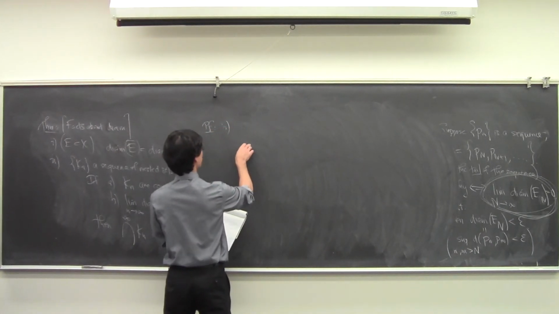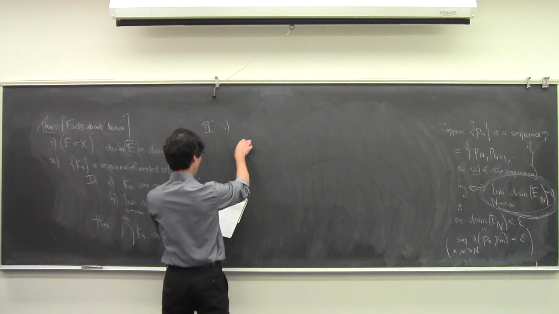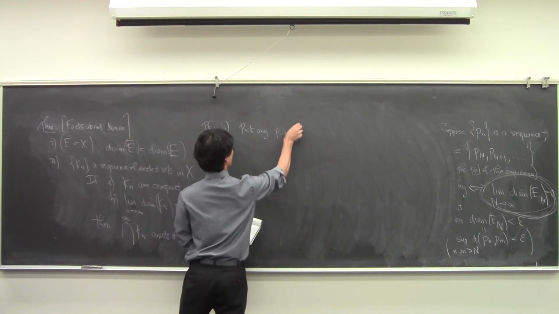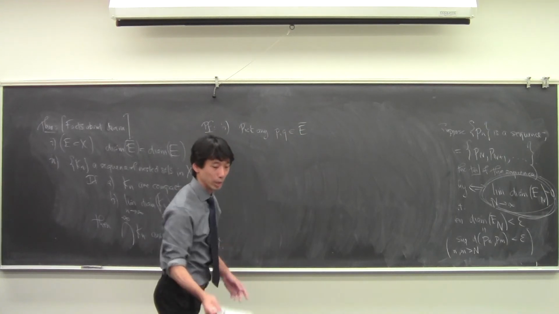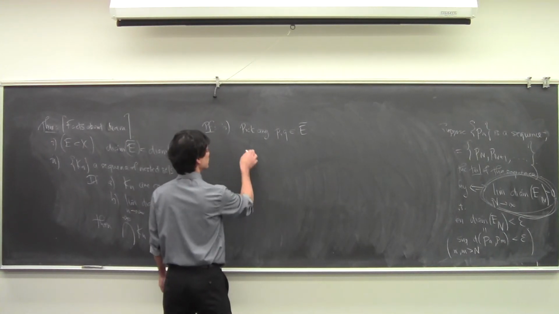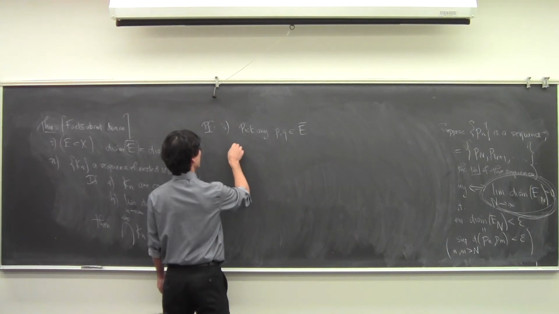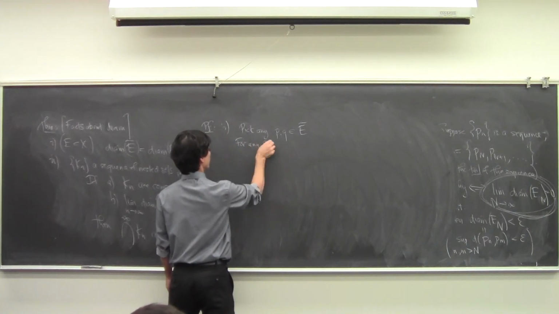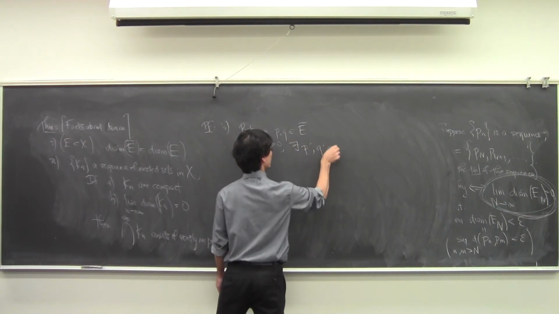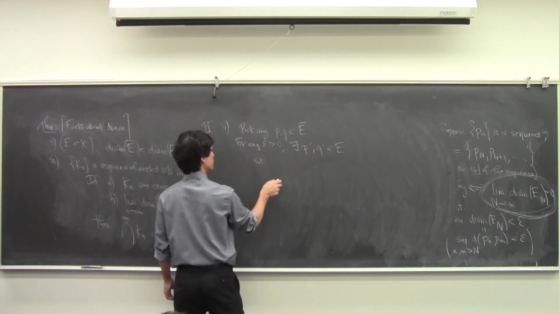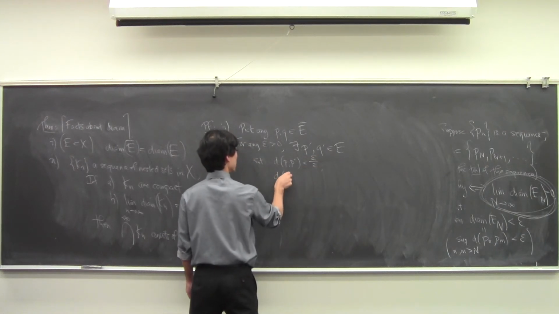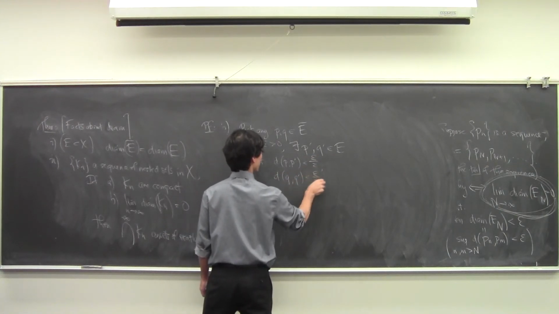You say, well, look, pick any two points P and Q in E bar. Okay. Well, since they're limit points, for any epsilon, we know that there exists P prime and Q prime in E, such that the distance from P to P prime is smaller than epsilon over 2, and the distance from Q to Q prime is smaller than epsilon over 2.